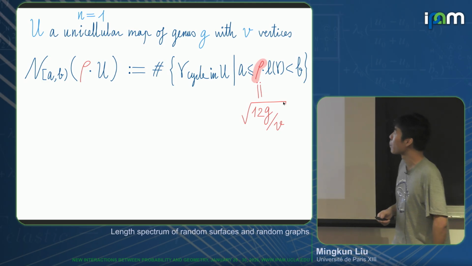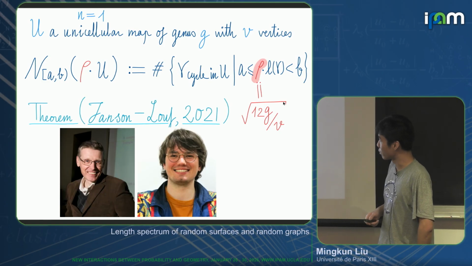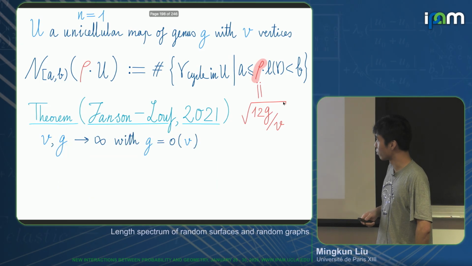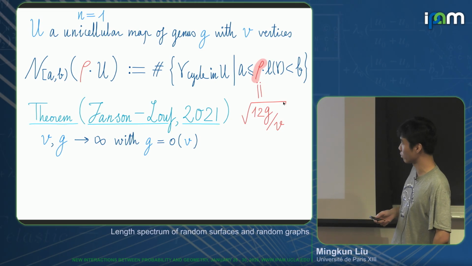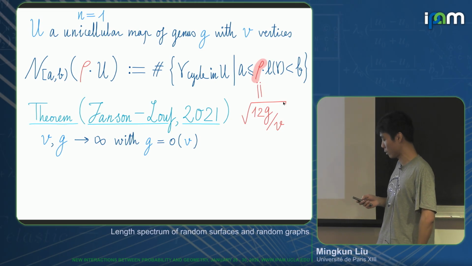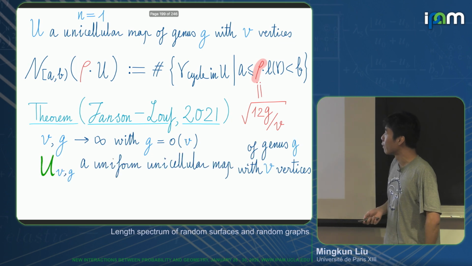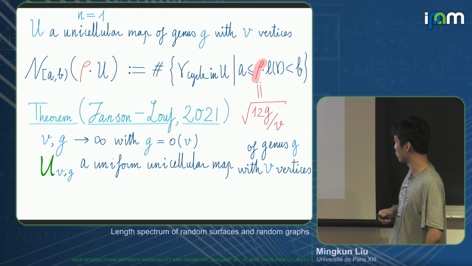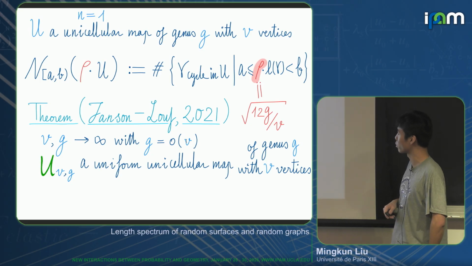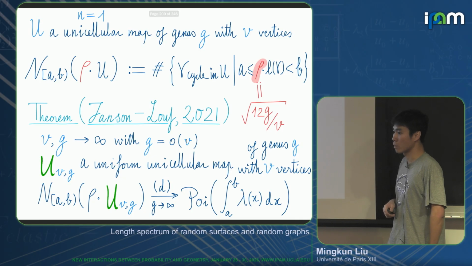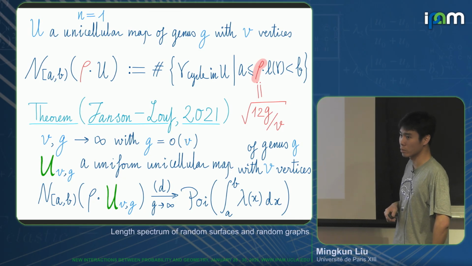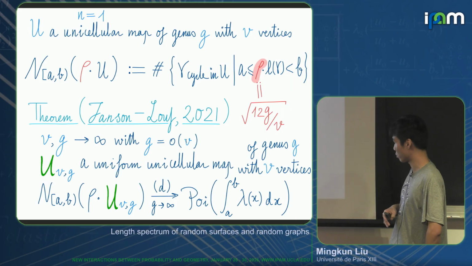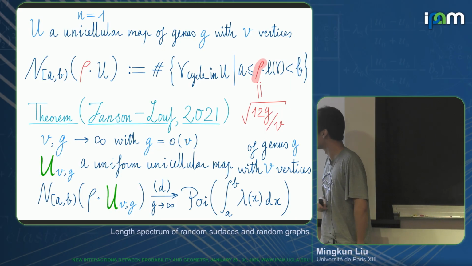So what they prove is the following: if the number of vertices and genus go to infinity at the same time, but g is very small compared to the number of vertices, and then you just pick a uniform random unicellular map with genus g with v vertices, then you recover exactly the same phenomenon. So it's a Poisson. The counting follows a Poisson distribution with this parameter.